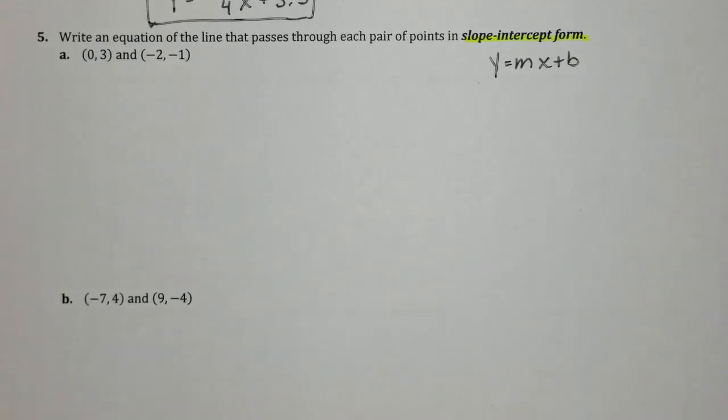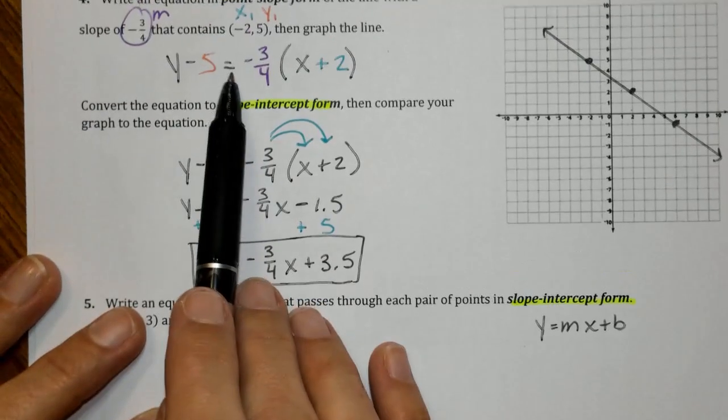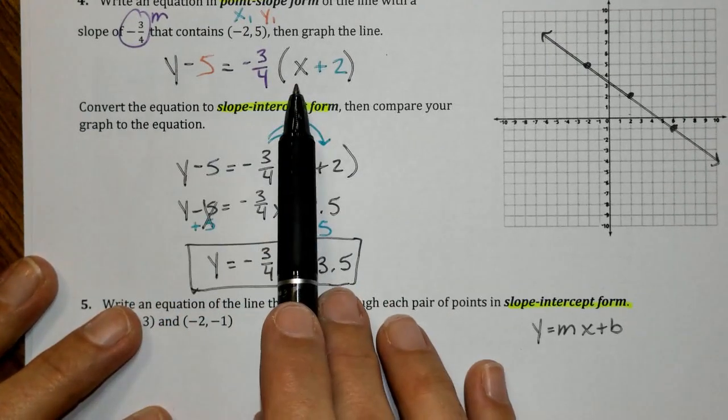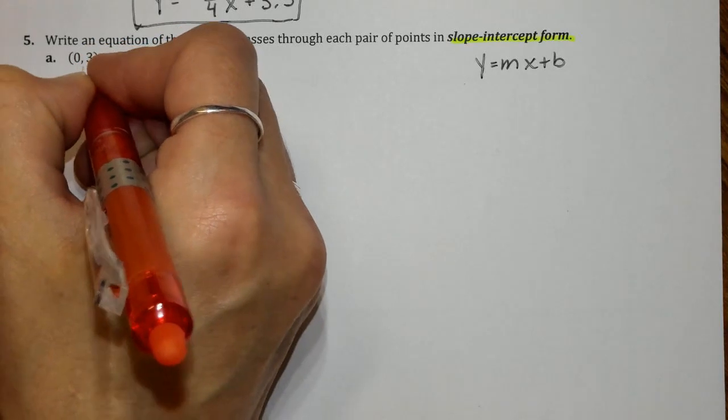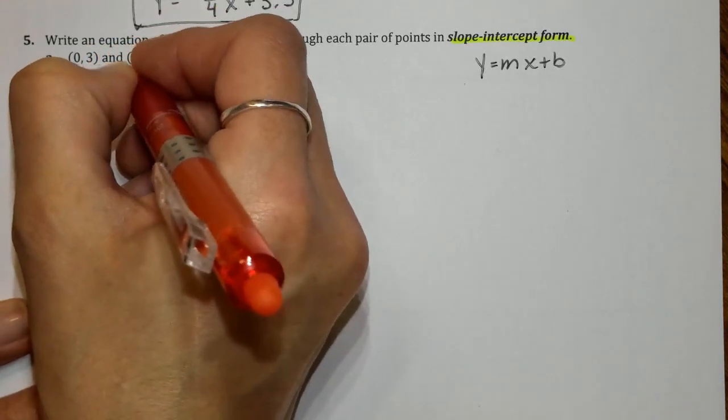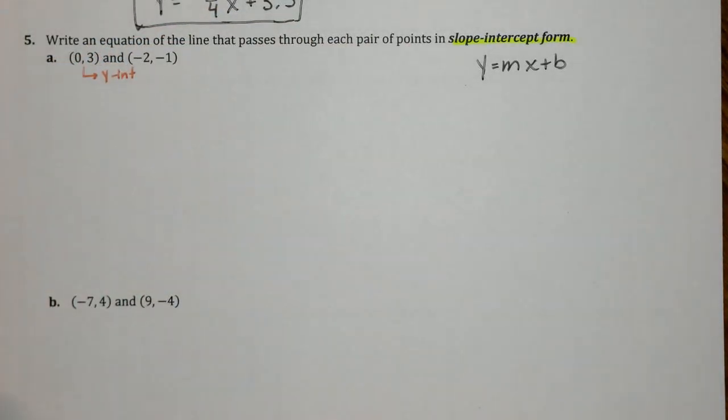We could put it into point slope using either one of these coordinates and then convert it to slope-intercept. So we can start off doing exactly what we did here, put it in here, and then convert it to this. Or, because this one right here gives you where x is 0, we have our y-intercept, we have what b is.